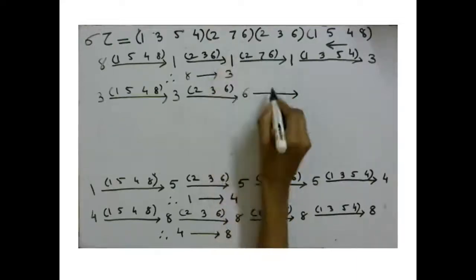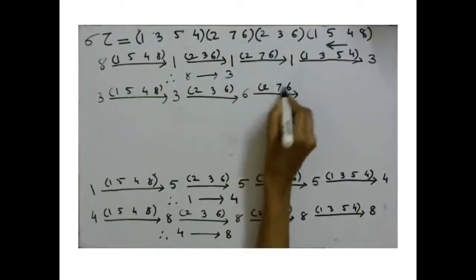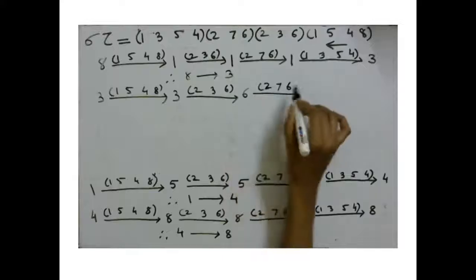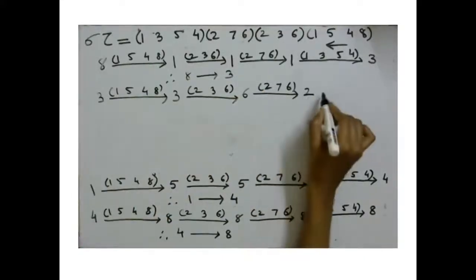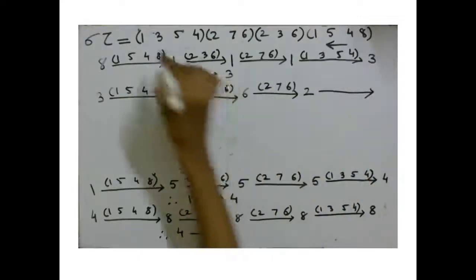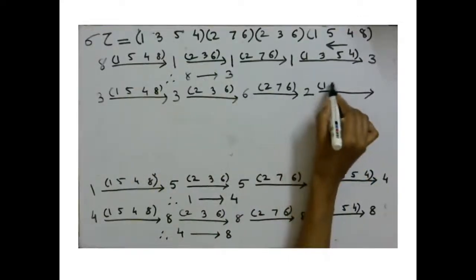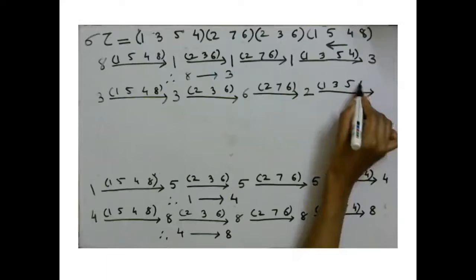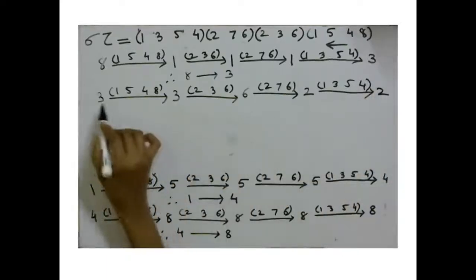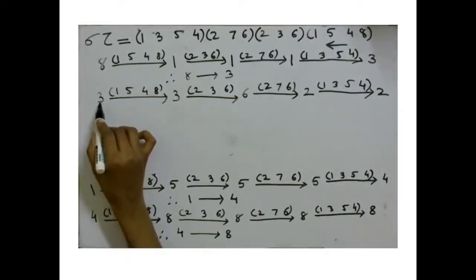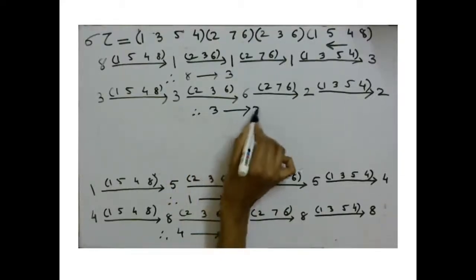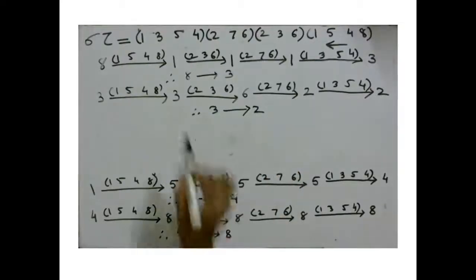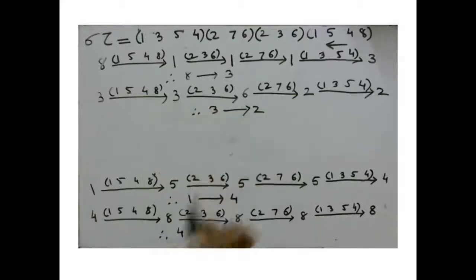In the next cycle 2, 7, 6, you can observe that 6 maps to 2, so 6 goes to 2. And in the last cycle, where 2 is not present, 2 is fixed. So hence we get that 3 maps to 2. So 1 goes to 4, 4 goes to 8, 8 goes to 3, and 3 goes to 2.